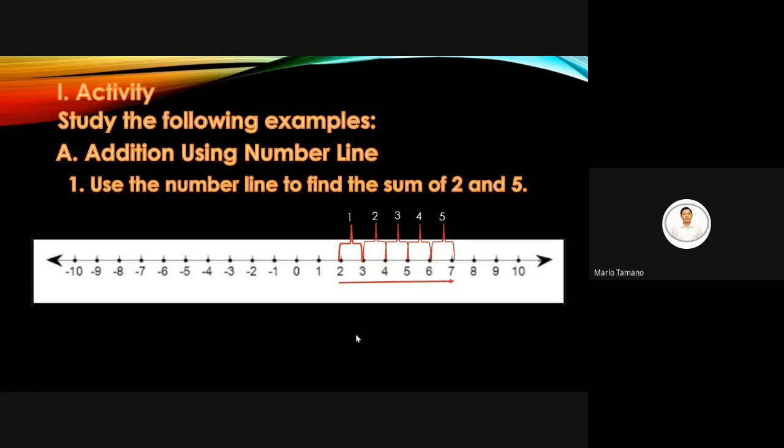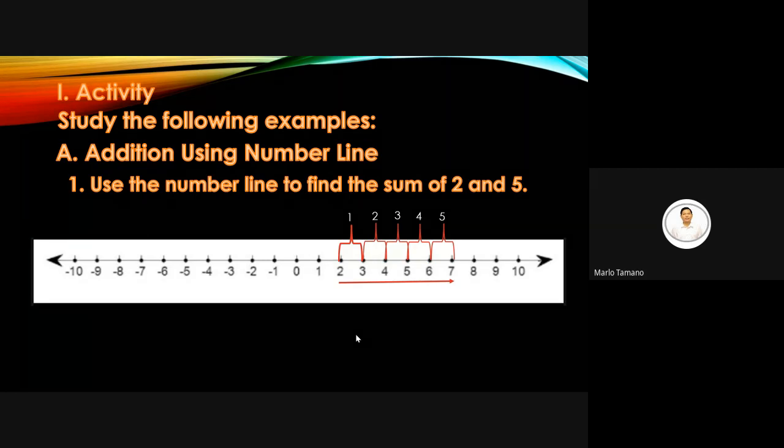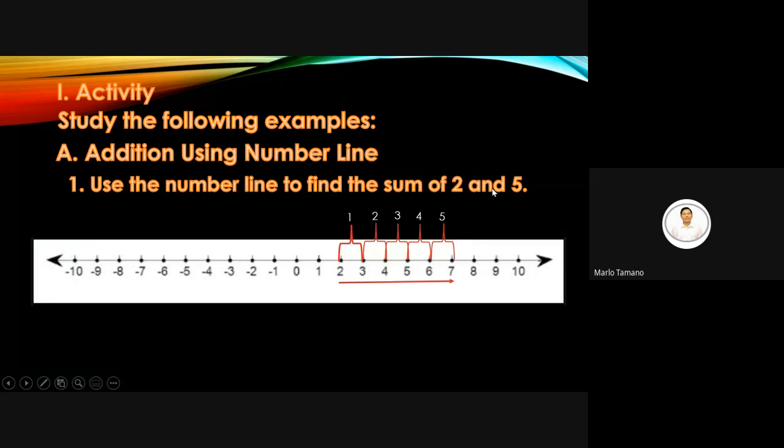Addition using number line. Now use the number line to find the sum of 2 and 5. The first thing to do is find the point 2. That is the first addend.